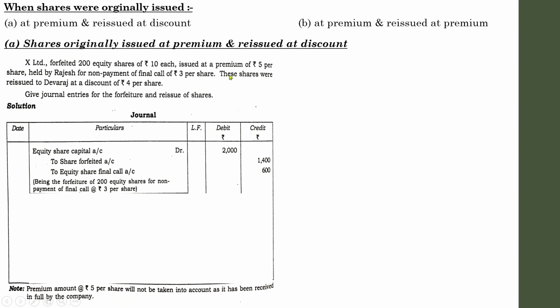Don't consider 15, because premium need not be considered, as the forfeiture happens due to the non-payment of call money. Premium is already received by the company. Since the company already received the premium amount, we need not pass the entry for the premium while passing the forfeiture entry.